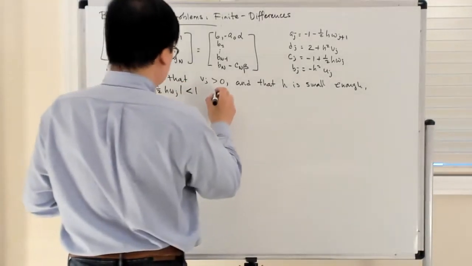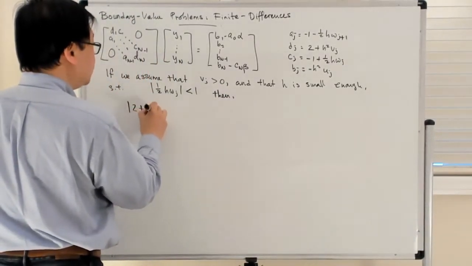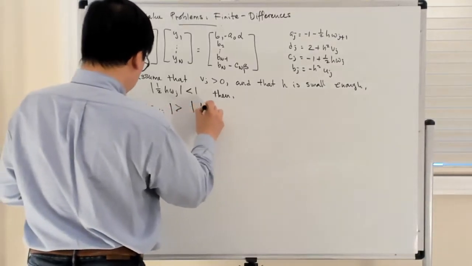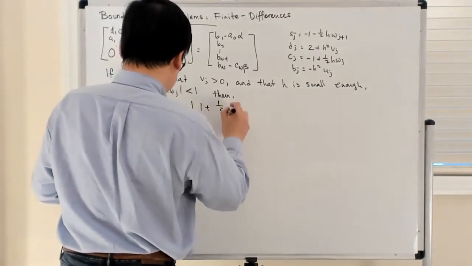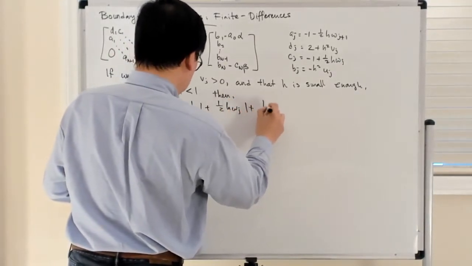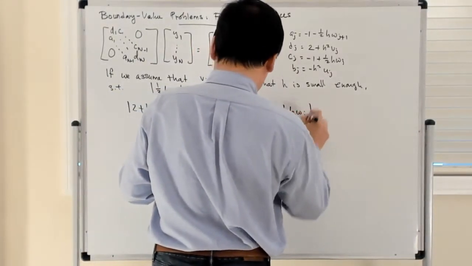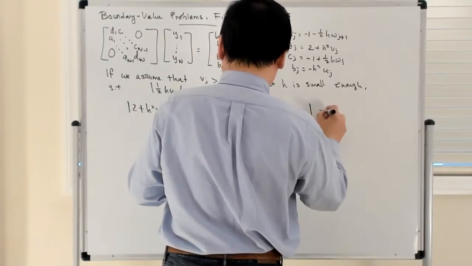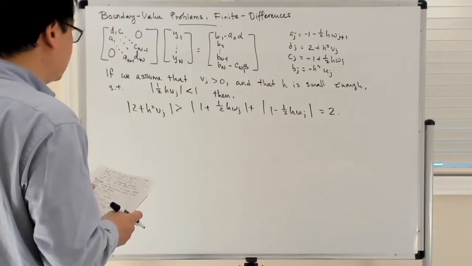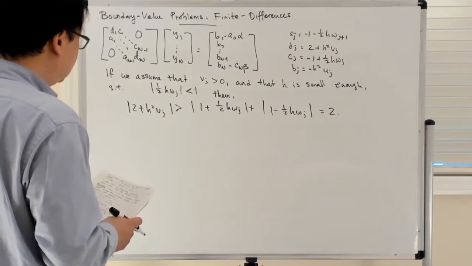Then the following is true: the absolute value of 2 + h squared Vj is greater than the absolute value of 1 plus 1/2 h wj plus 1 minus 1/2 h wj, and this is 2. Okay, so the basic idea is the following.